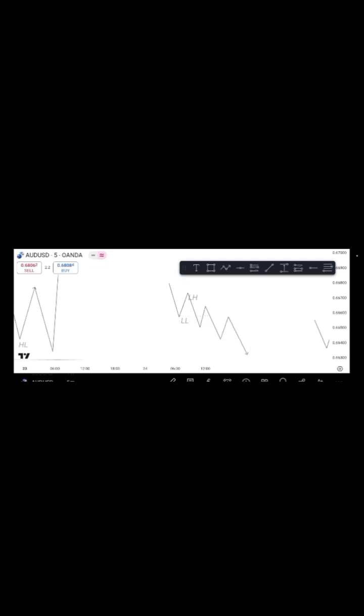You understand? So in the downtrend, what is being protected is the lower high. The lower high is being protected because when the market intends to break any current lower high, it's telling you something. Let's say for example, this point is a new lower high.